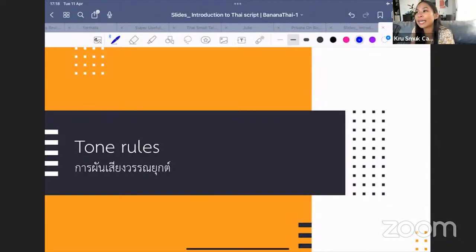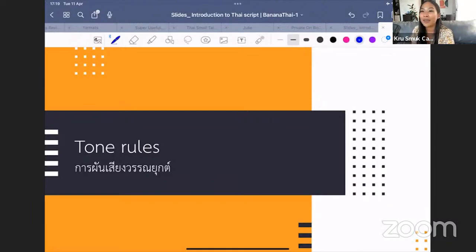So I think first of all, I want to say this. You have to separate the topic of tones and the topic of tone rules. They are different. Many people think that tone rules are difficult because they cannot produce the sound or produce the correct tone. But actually, tone rules is like math. It's like mathematics.